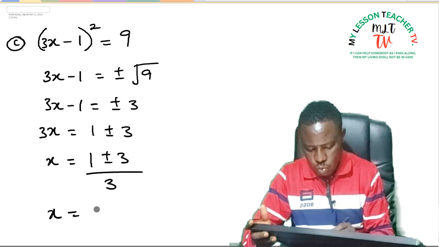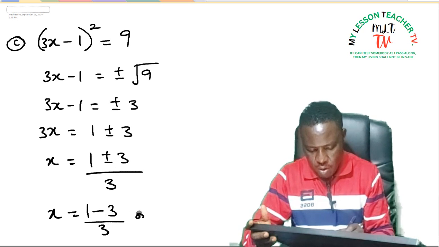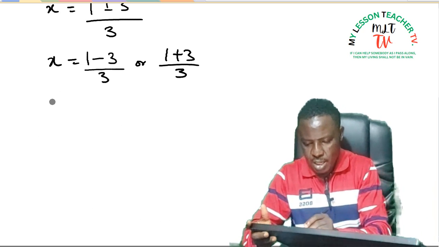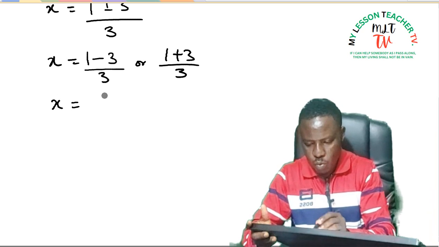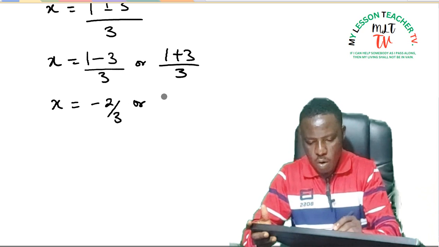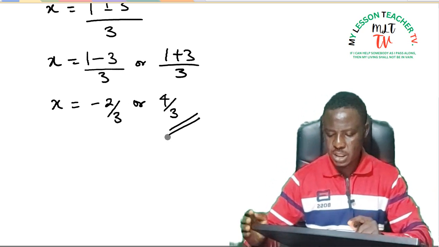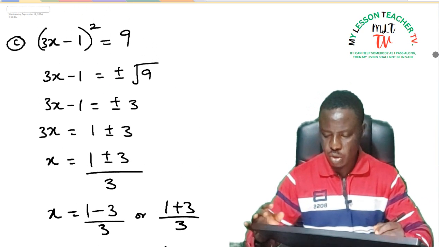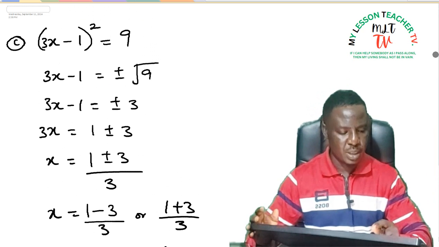So x will be equal to 1 minus 3/3, or 1 plus 3/3, and x is equal to 1 minus 3 is minus 2/3, or 4/3. So these are the solutions to the quadratic equation in this form.